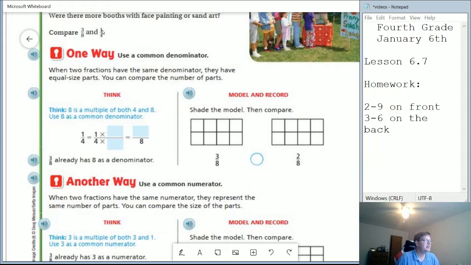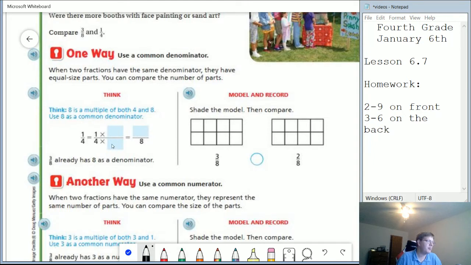To do that, the first thing they want us to do is use a common denominator. To find that, we want to figure out how we can get from 4 to 8. The number of times we can count by 4 to get to 8 is going to be our number that would go on the bottom. So we can count twice by 4 to get to 8, which means we also need to put a 2 up here and do 1 times 2, and that would give us 2/8.